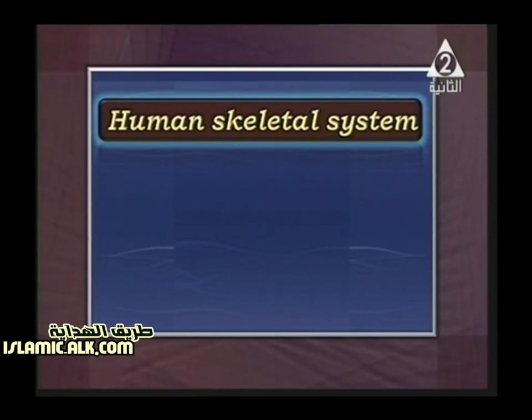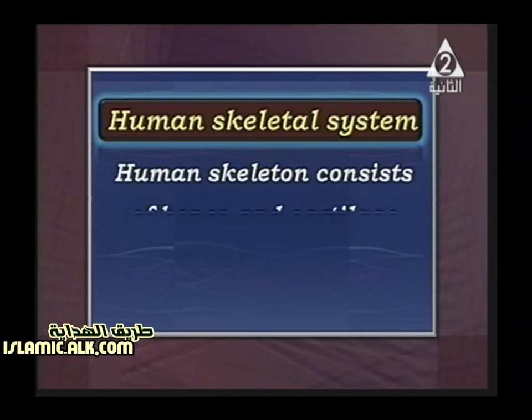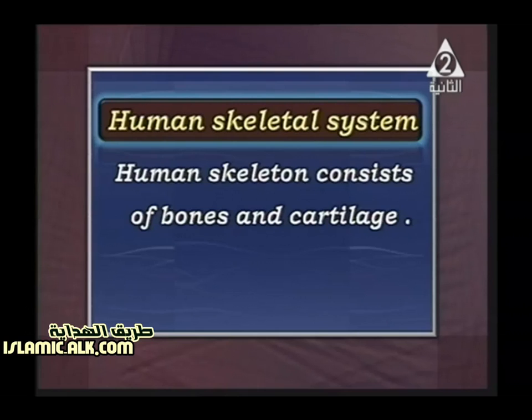While in humans, our skeletal system, we're going to start. Again, we already finished the first part, which is what? Support in the plant: physiological, structural, and deposition. And support in humans, we're going to study in detail. Well, the human skeleton consists of bones and cartilages.